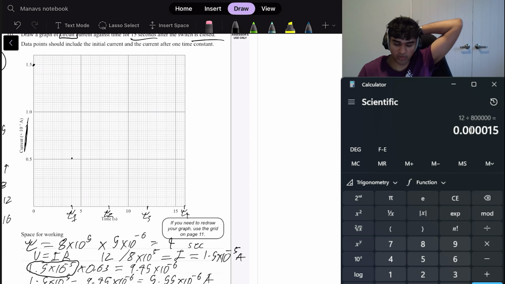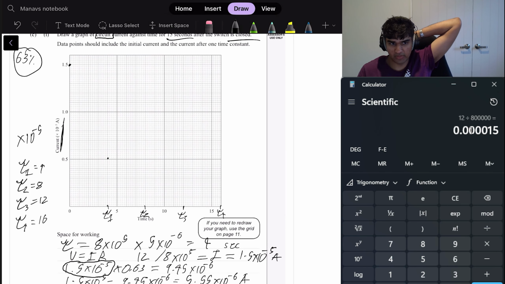This is where it gets kind of confusing. I haven't done this in a while, and a table would be helpful, but I'm just not gonna do it. I'm gonna do 5.5 times 10 negative 6 times 0.63, and then we get 3.497 times 10 negative 6.